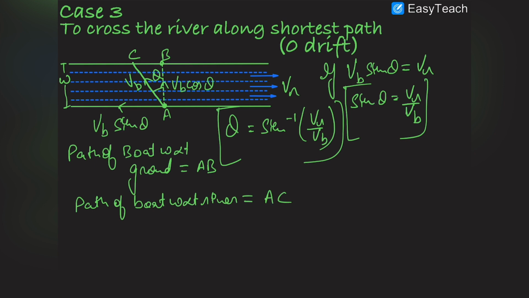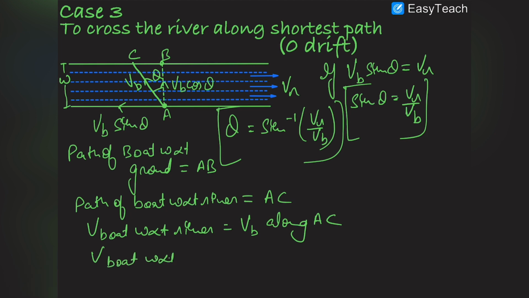So this is AC. Okay, now obviously this is an understood thing, that the velocity of boat with respect to the river is equal to Vb along AC. Vb is along AC, but velocity of boat with respect to ground would be Vb cos theta along AB. So with respect to ground, this boat would be moving like that.